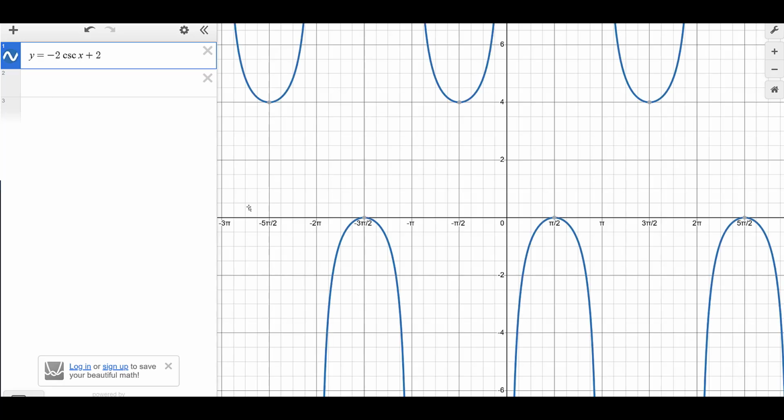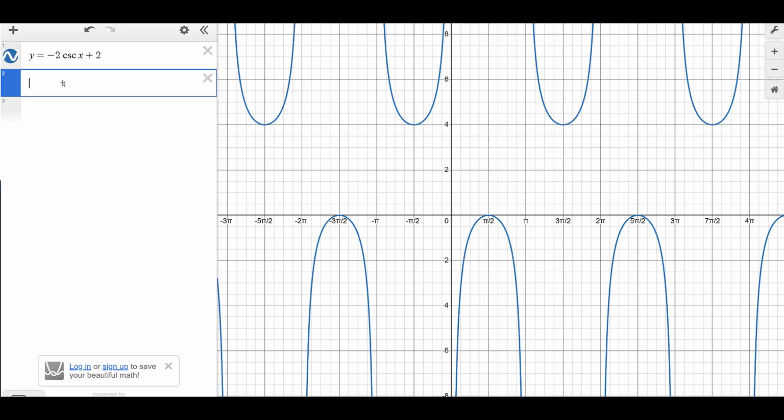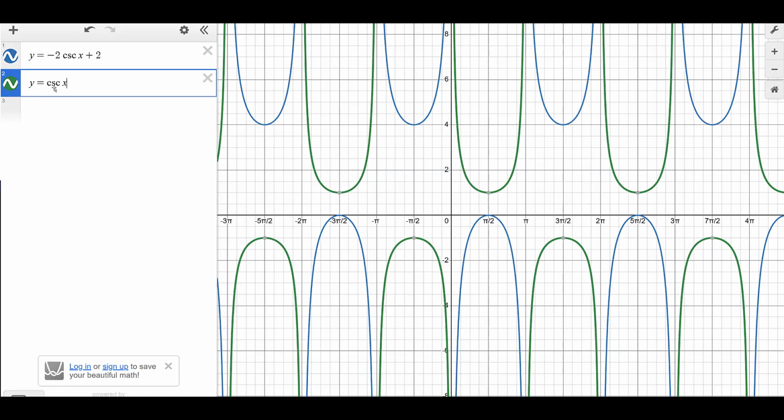There's our graph, compared to a standard graph of y equals just cosecant x. So you can see how the green should be here. It's been flipped over. That accounts for the negative. And then for the stretch, imagine this going up to 2, this going down by 2. So just throw a 2 in there.